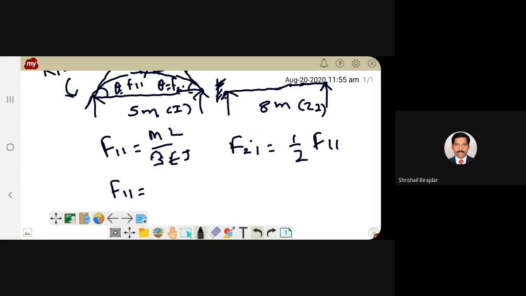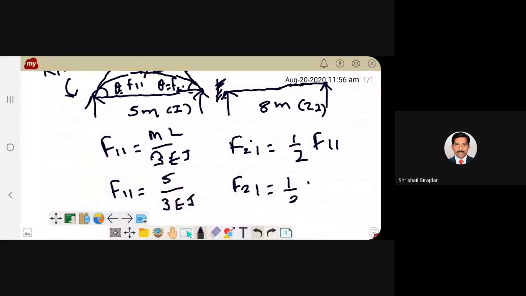Okay, f11, half of 5 divided by 3 है. Okay, this way you have to calculate the flexibility coefficients. Okay, आता हे 11 झालं, f11 f21.